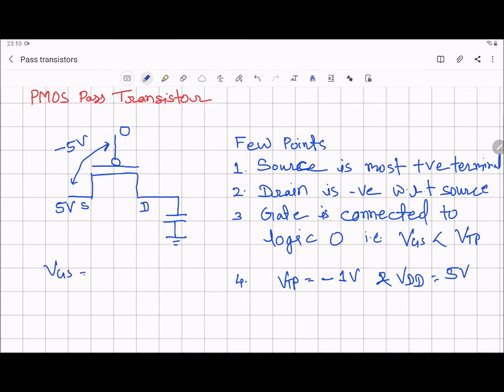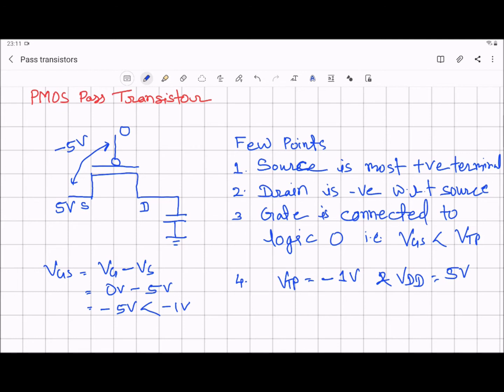So VGS is equal to VG minus VS is equal to 0 volt minus 5 volt is equal to minus 5 volt, which is less than the threshold voltage, that is minus 1 volt, and hence transistor is on and a current is going to flow and capacitor is going to charge.